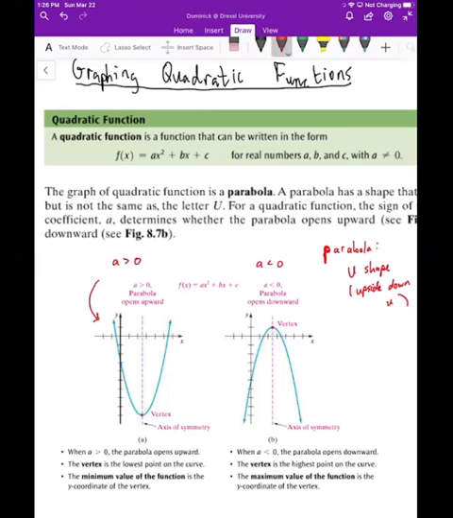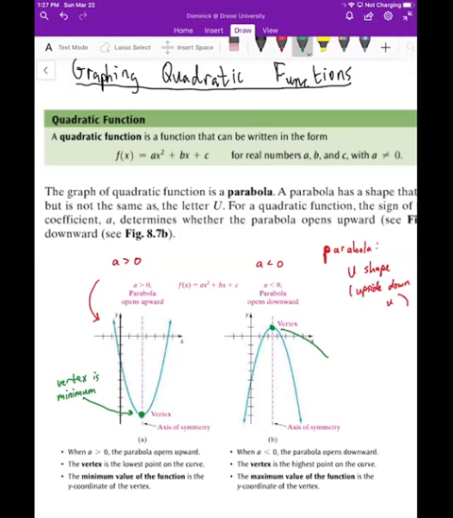Now, one thing to note here that's going to come into play later is that whatever your lowest, or in this case, highest point for each corresponding graph is, in the case where your parabola opens upward, your vertex represents a minimum value. And that'll be one thing that we're going to talk about a little later on in this video.